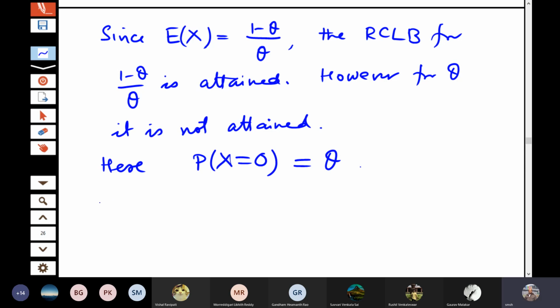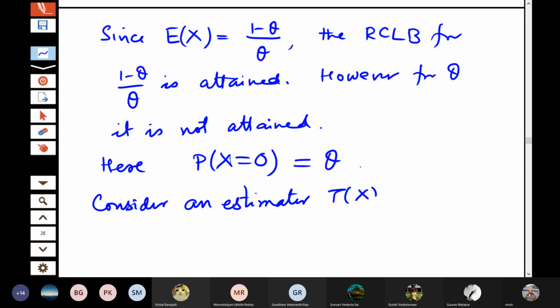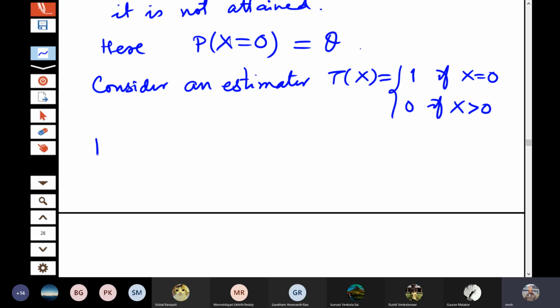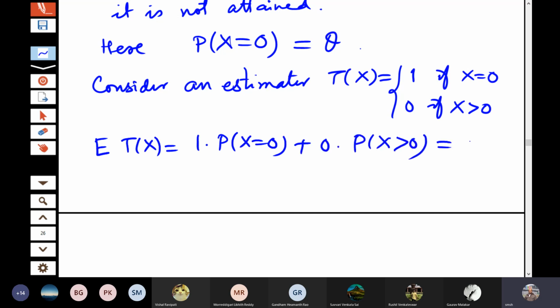So if I consider an estimator T(x) equal to 1 if x is equal to 0, and equal to 0 if x is greater than 0, that means x equal to 1, 2, and so on, then what will be expectation of T(x)? That is 1 into probability of x equal to 0 plus 0 into probability x greater than 0. So that is equal to theta.